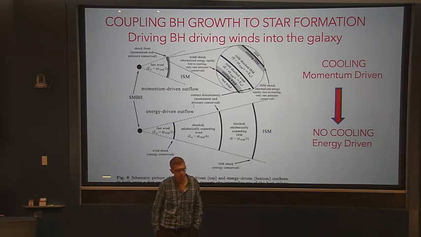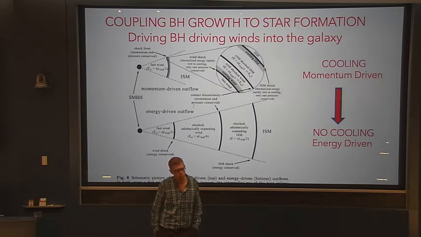Yeah. Can you comment on some of the claims that you can get these black hole galaxy scaling relations just from hierarchical assembly and the central limit theorem? And can you distinguish between this? Yeah, so that's a great point.